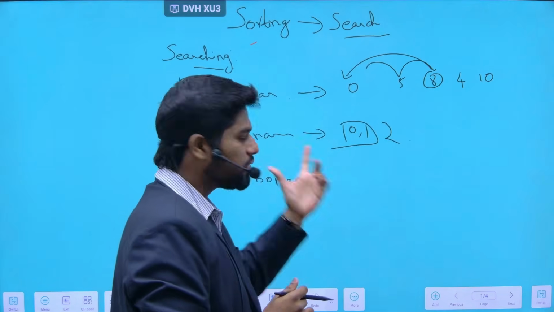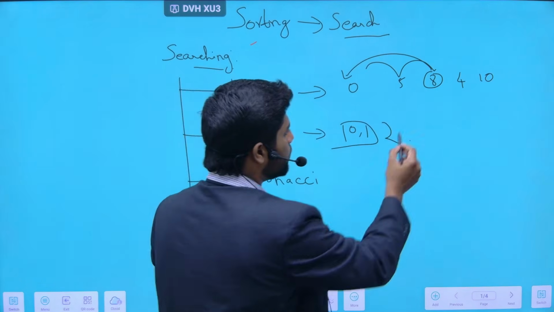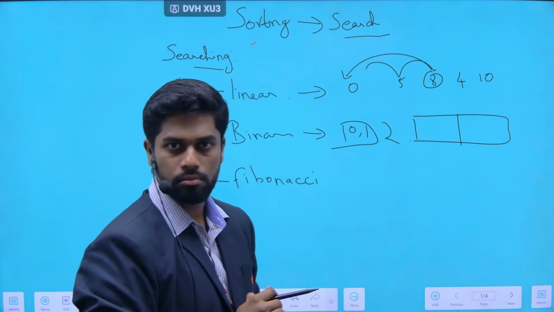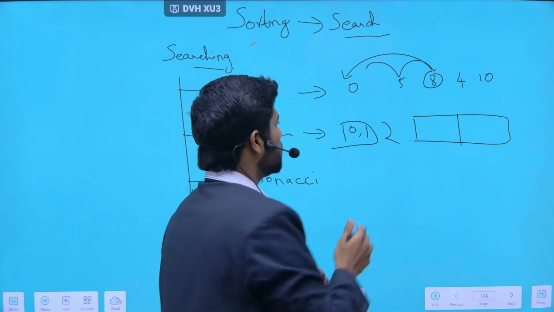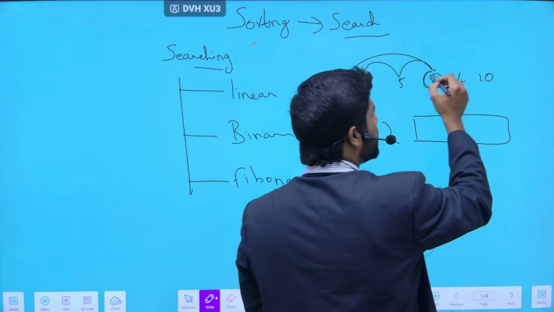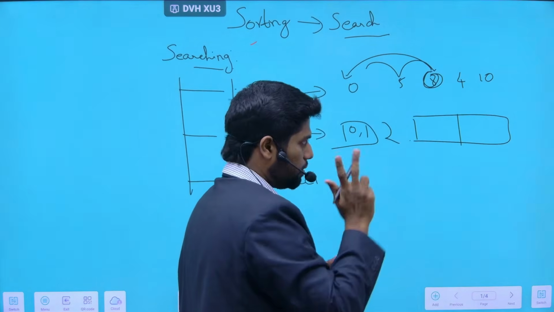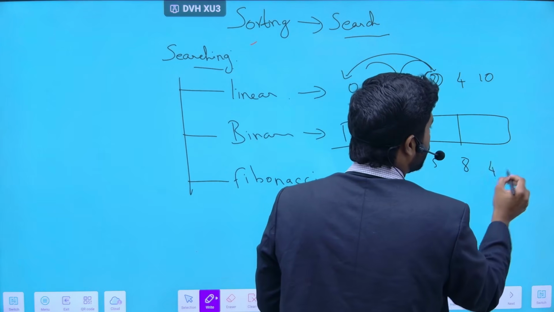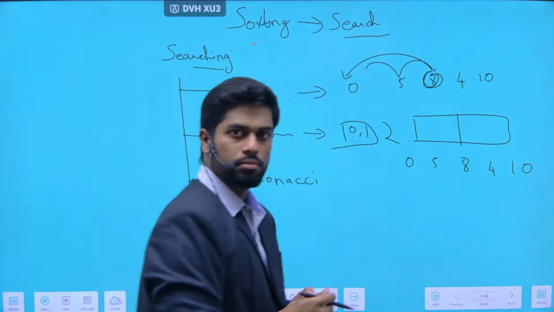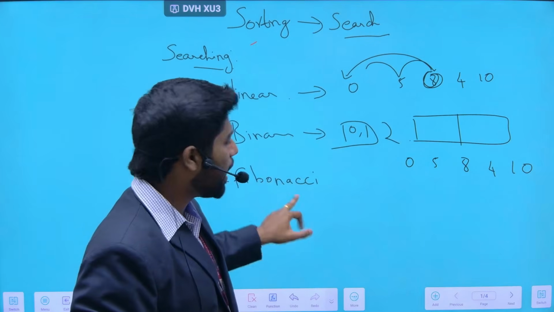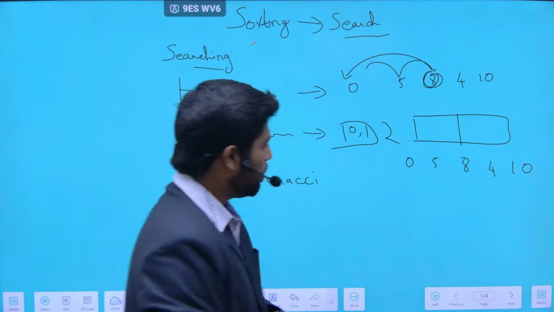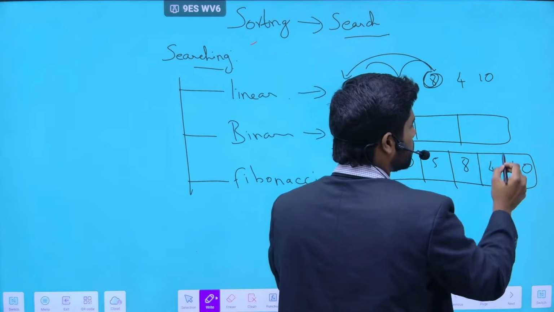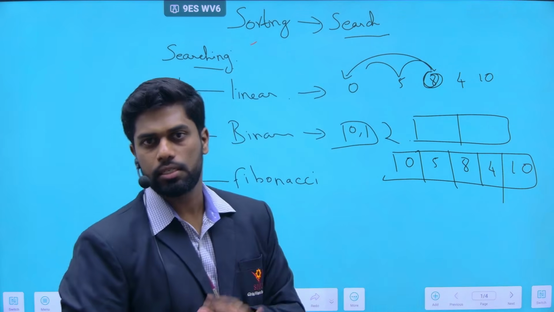So binary search is nothing but you are going to divide the array into 2. First thing is partitioning. If your elements are 0, 5, 8, 4, 10, in binary search and Fibonacci search, you can't search.